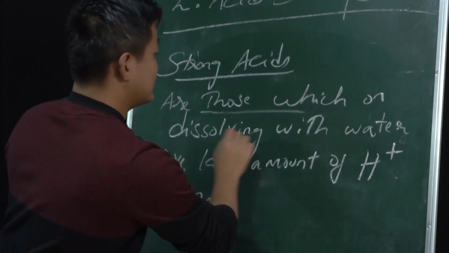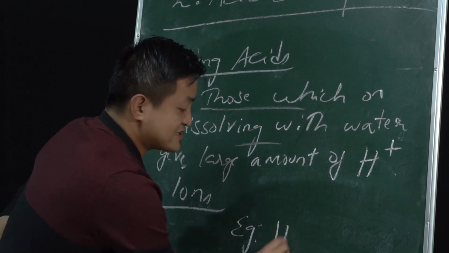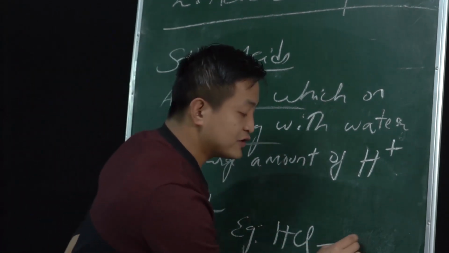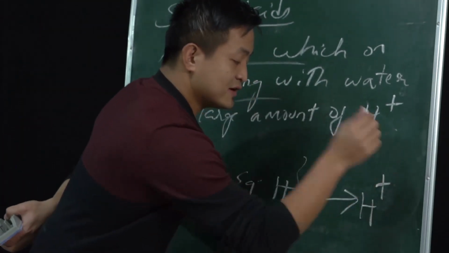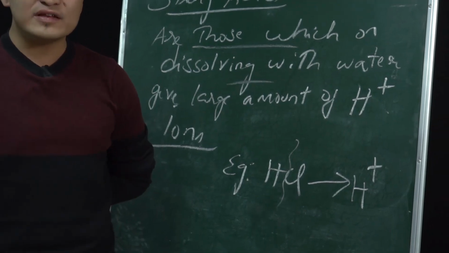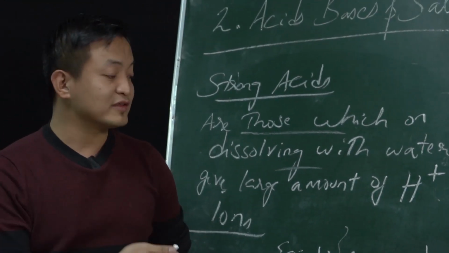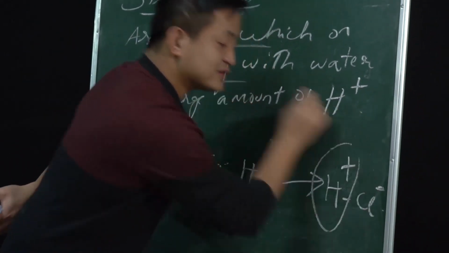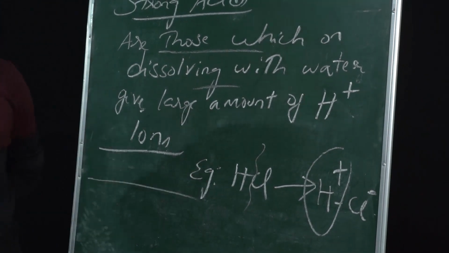Example: HCl, hydrochloric acid. If we dissolve it, it breaks down, even if not 100%, maximum 99% of breaking down will happen here, and we get hydrogen ions. Clear? So this type is a strong acid.